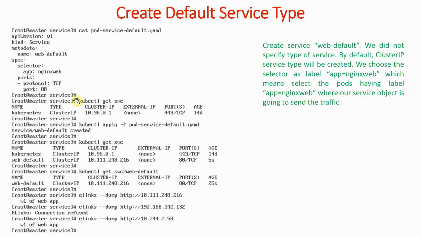Now first of all we will run the command kubectl get svc. svc means service. It is saying that one service is already running, Kubernetes, of type cluster IP. This is the cluster IP, this is the port, this is the default service. Now we are going to create the service object with kubectl apply -f pod service default. So it has created that service.